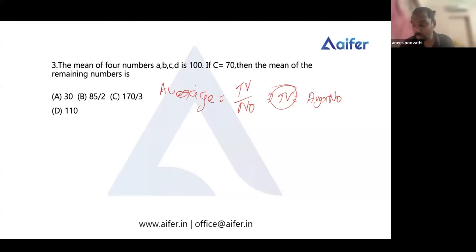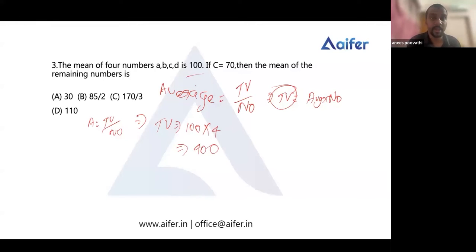So in the first case, the mean of four numbers A, B, C, D is 100. Average is equal to total value by number of observations, from which we can write total value in the first case is equal to average times number. Average is 100 and the number of observations is 4, so 100 into 4 is equal to 400.